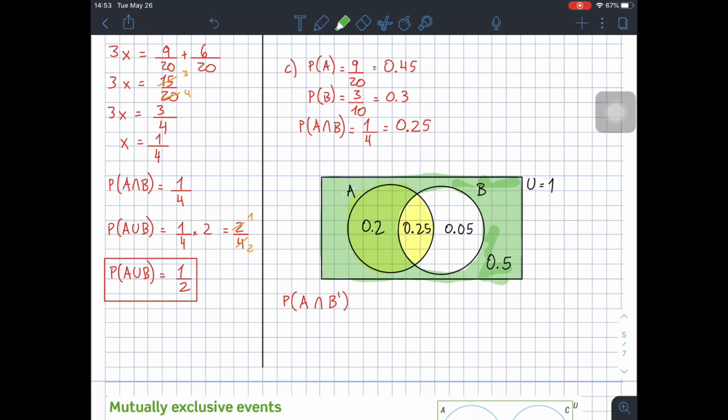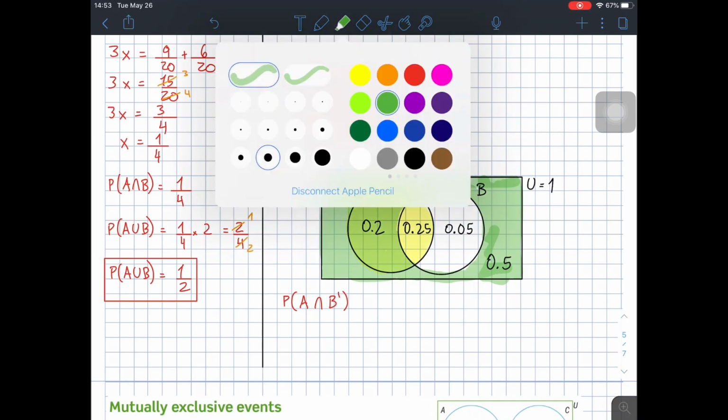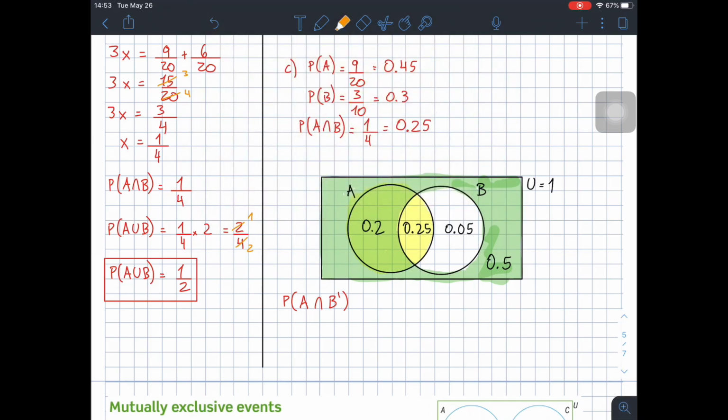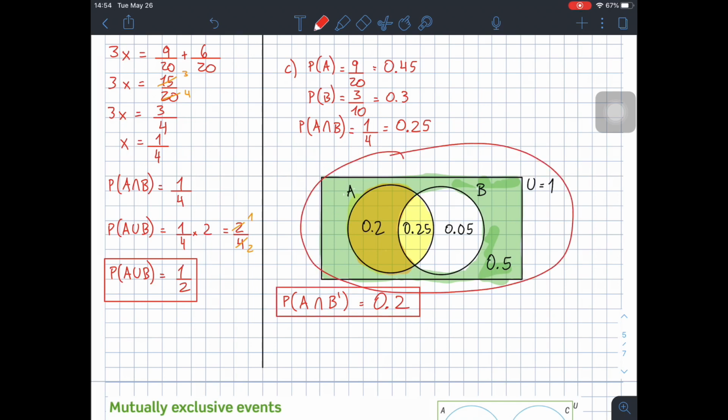So if you take a look at this, you'll see that the region that was painted by both is this, let's say media luna, half moon over here. So that would be what we're looking for. The probability of A intersection not B, by looking at the Venn diagram, is 0.2, and that will be the result for this exercise. We don't need to show any process anymore, because we already did the Venn diagram and we made the deduction from that.